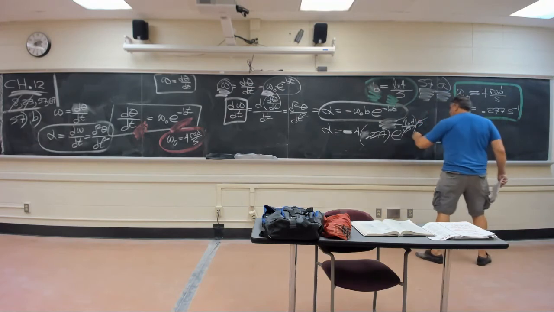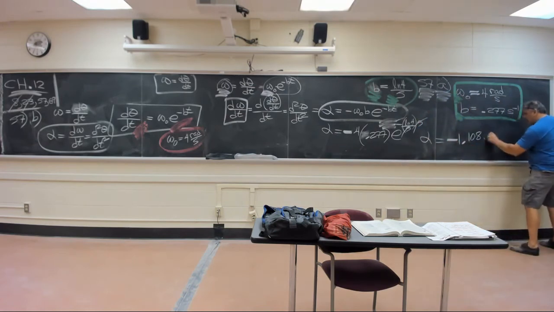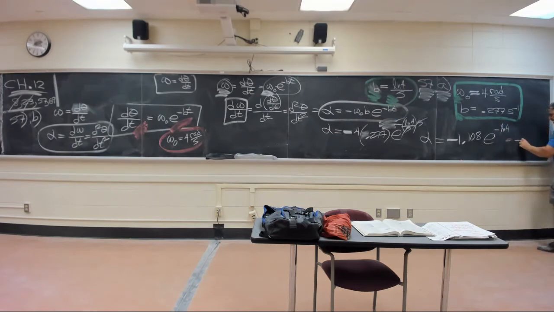Push comes to shove, we're going to get there. e to the negative ln 4 times negative 1.108, times 1 over, well, e to the ln 4, if you exponentiate the natural logarithm of 4, you got 4.